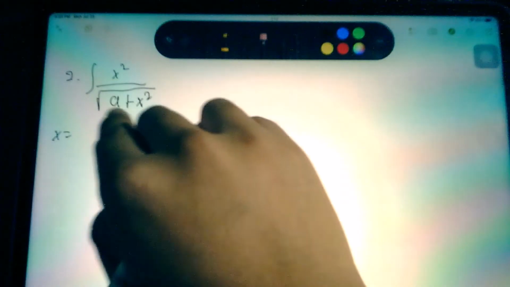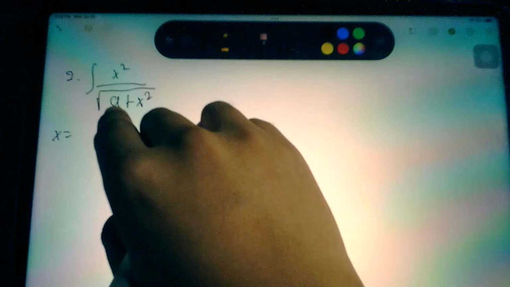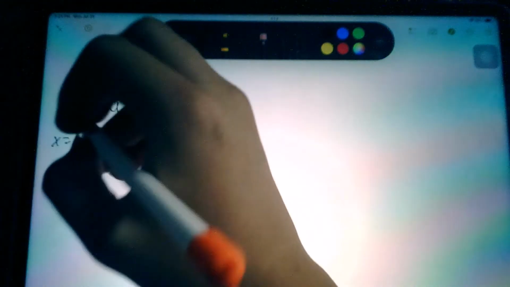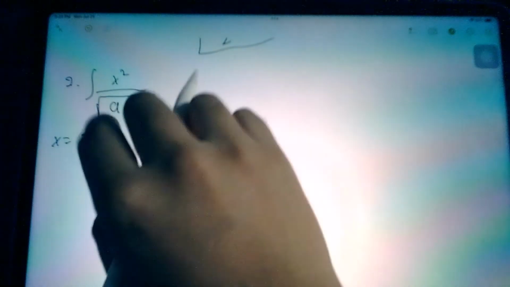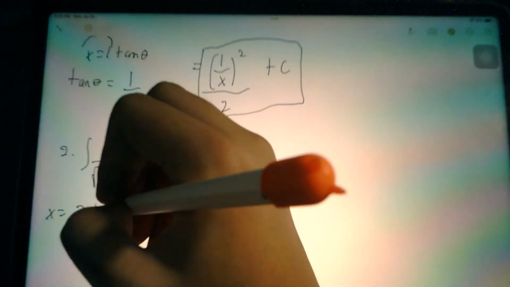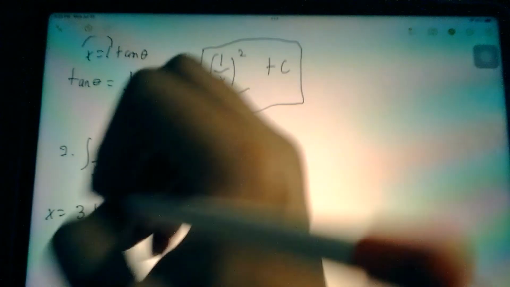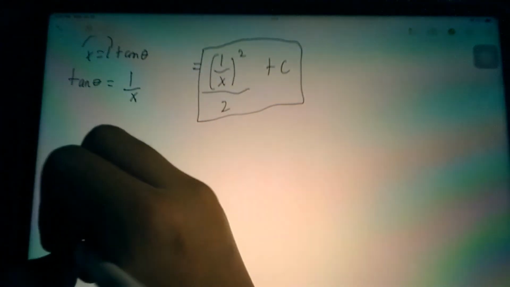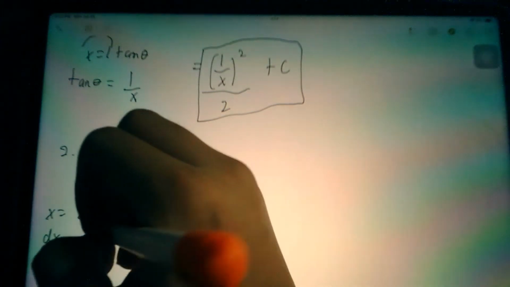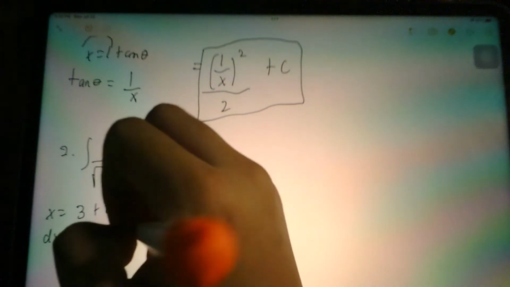So let x become a tangent theta, where our a here is equal to 3, because a squared is 9. We replace x with 3 tangent of theta, and the derivative of that is just equal to 3 secant squared theta.